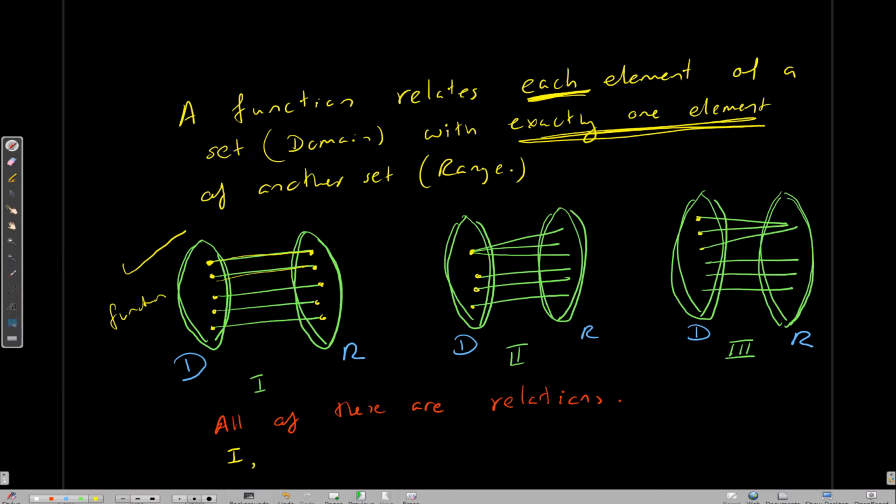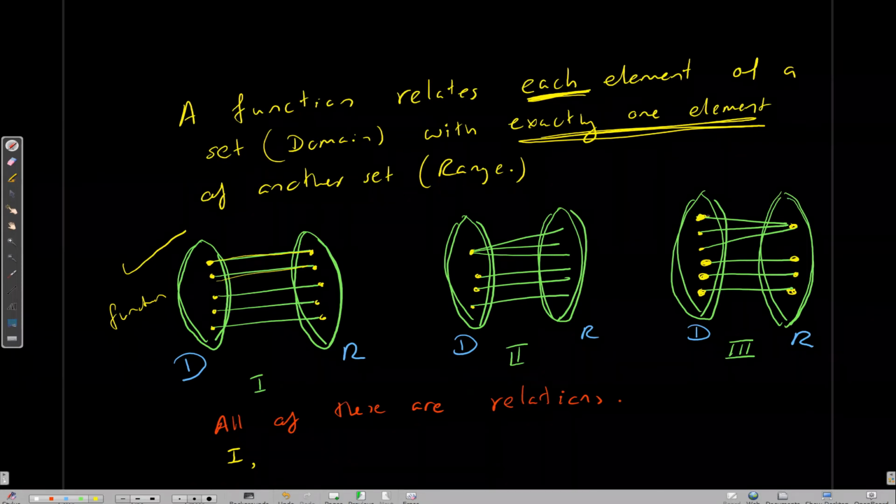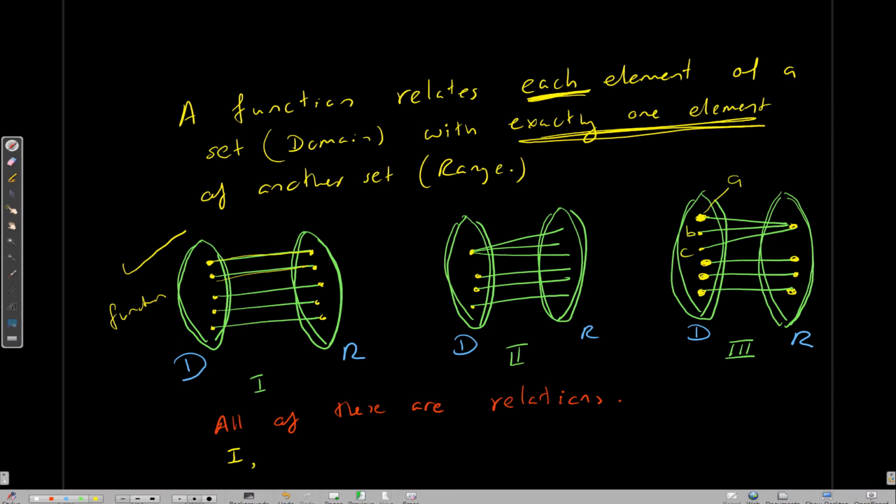Number three. Now this is the place it can be confusing. Here, this one goes to this one, goes to this one. That's okay. But here, each element of a set, let me give names A, B, and C. A goes to, let's call this D. Each A goes to D, exactly one element.